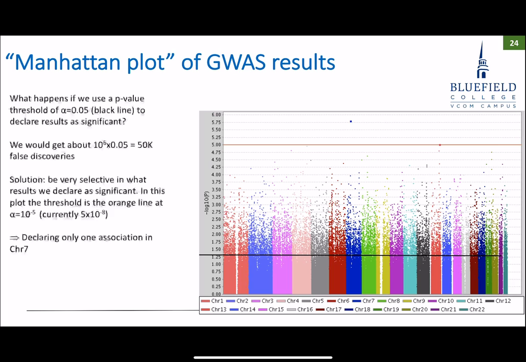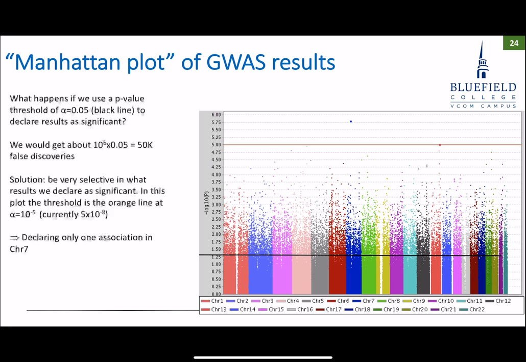So this level of statistical significance, 0.05, corresponds to this black line, which means that every dot above this black line is statistically significant at this threshold of 0.05, which is thousands, and we cannot really make much sense out of it, right?